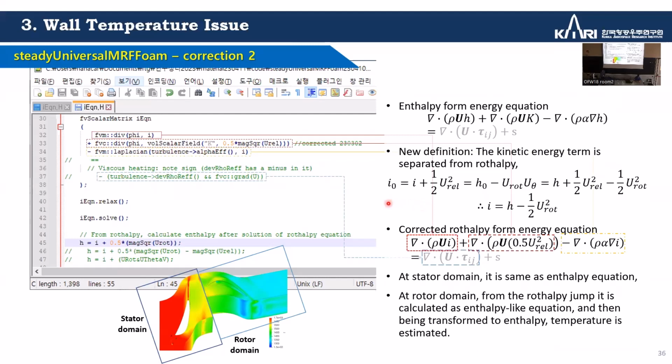I separated the rothalpy into two terms, just the rothalpy I and the kinetic energy. The original rothalpy definition is like this. And here there is the same term on both sides, so you can eliminate it, and then you have this new rothalpy definition here.